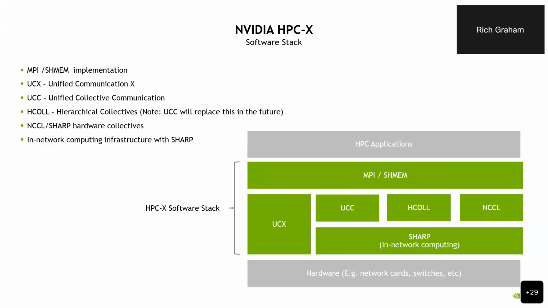And so from a software stack perspective, of course, everything is serving the applications. This is the target. So whether you use MPI, SHMEM, other PGAS languages or the like, that's the top level of the stack, and it sits on top of various communication acceleration libraries such as UCX, UCC, HCOLL, and NCCL, which again, those are the interface to the hardware.